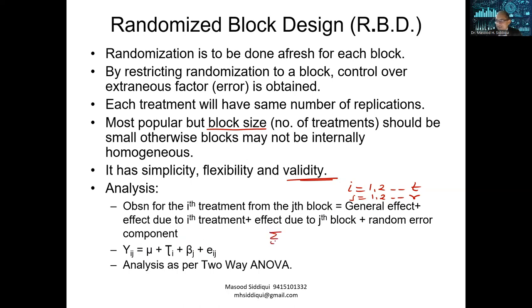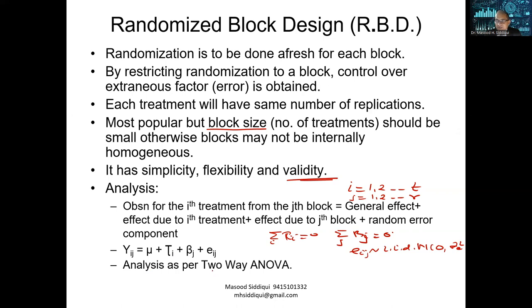Here, summation of tau i equals 0, and summation of Bj is also 0. And Eij is independently and identically distributed normal with zero mean and common variance. So this is the layout that we use.